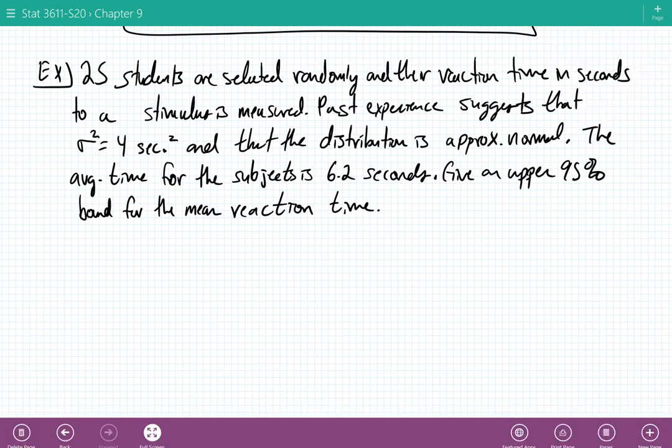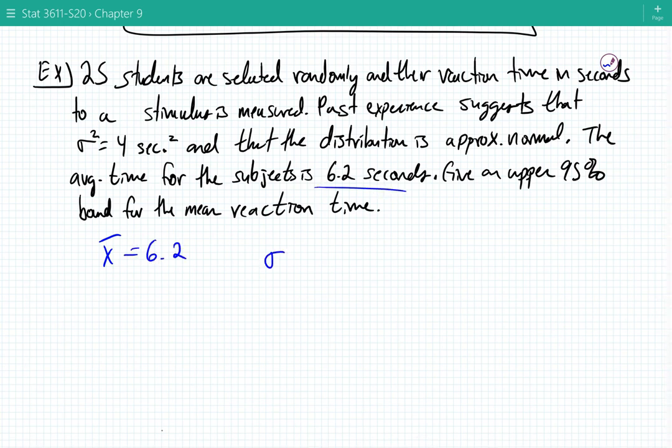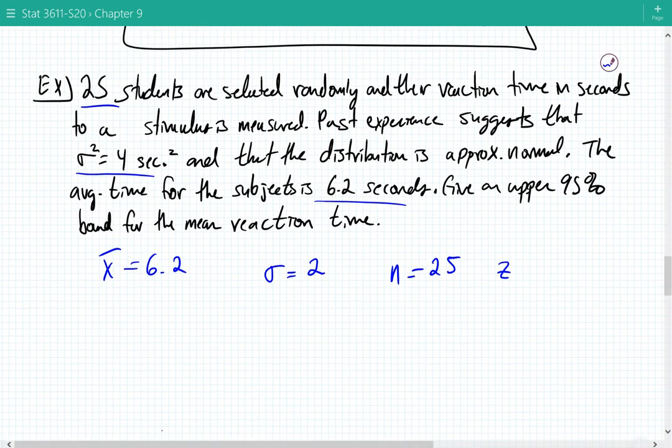Let's see what we know here. We know the sample mean x bar is 6.2. We're given sigma. If sigma squared is 4, sigma would be 2. And the sample size is 25 students. For a 95% upper bound, this is just z of 0.05, because it's a one-sided interval.